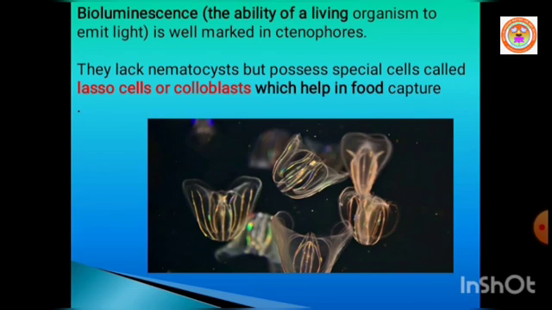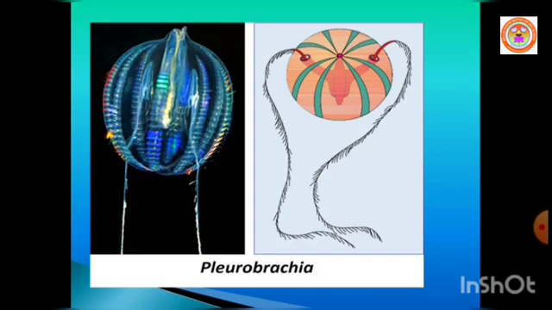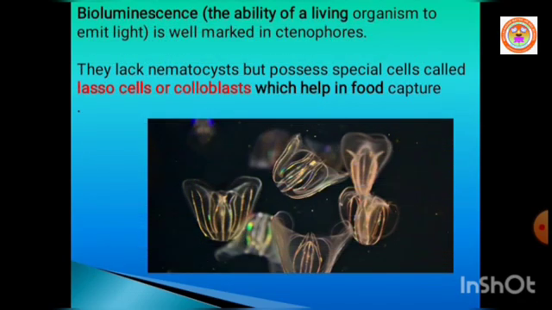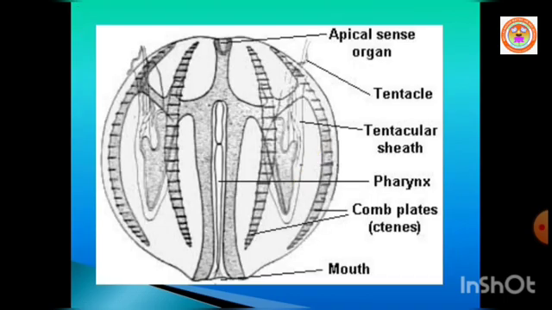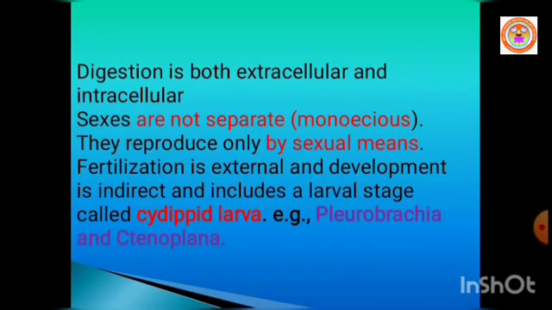They lack nematocysts like in Cnidaria, but they possess special cells called lasso cells or colloblasts, which help in food capture. You can see the comb plates, mouth, and tentacles. Digestion is both extracellular and intracellular, like in Cnidarians.